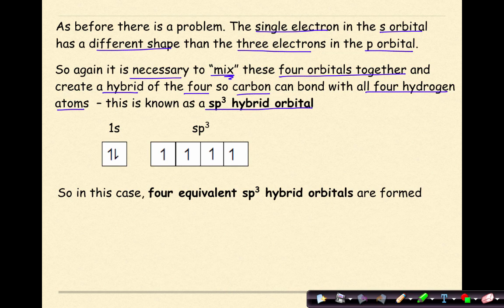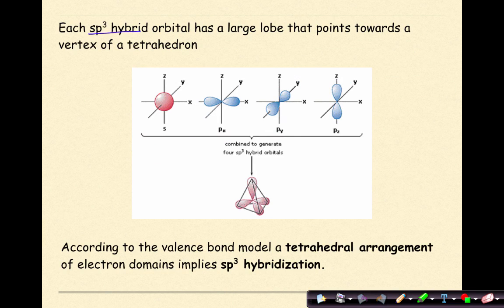So in this case, 4 equivalent sp3 hybrid orbitals are formed. Each sp3 hybrid orbital has a large lobe that points towards the vertex of a tetrahedron. According to the valence bond model, a tetrahedral arrangement of electron domains implies sp3 hybridization.